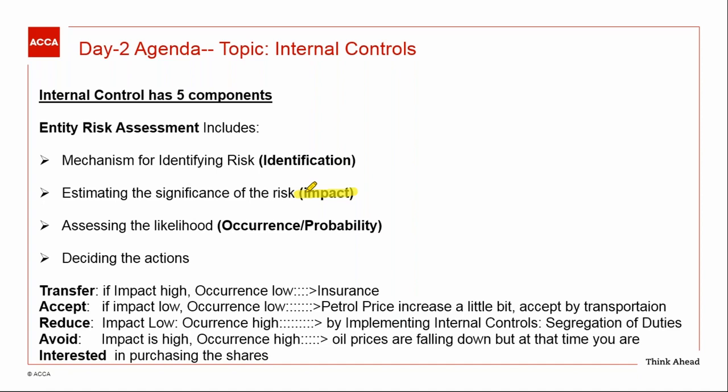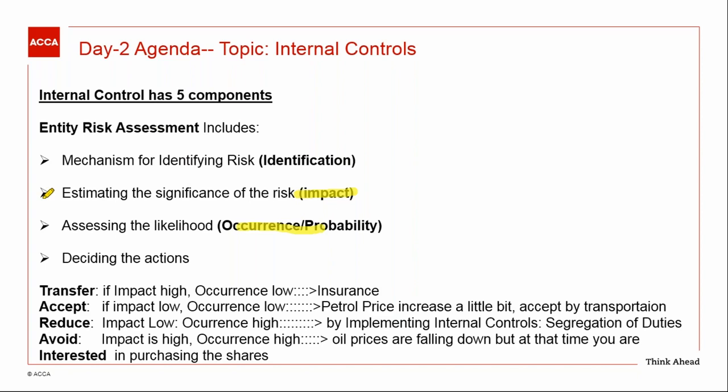Third is assessing the likelihood, whether they can occur or not. If they can occur, what's the probability? What are the chances of that event occurring? So identification, impact, and occurrence. These are the sub elements of the entity's risk assessment.